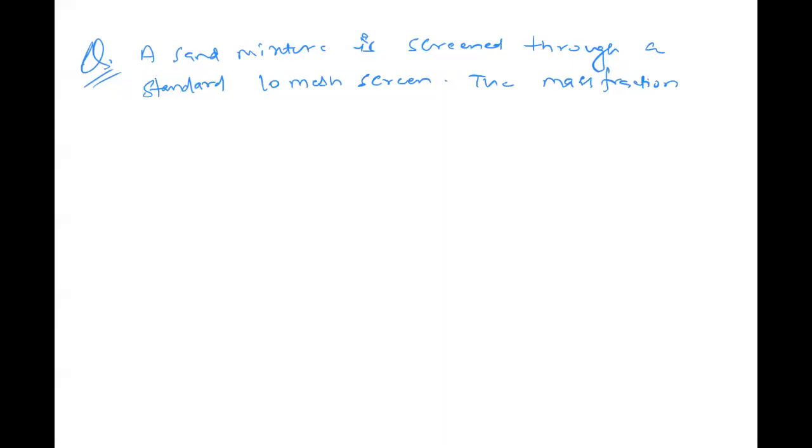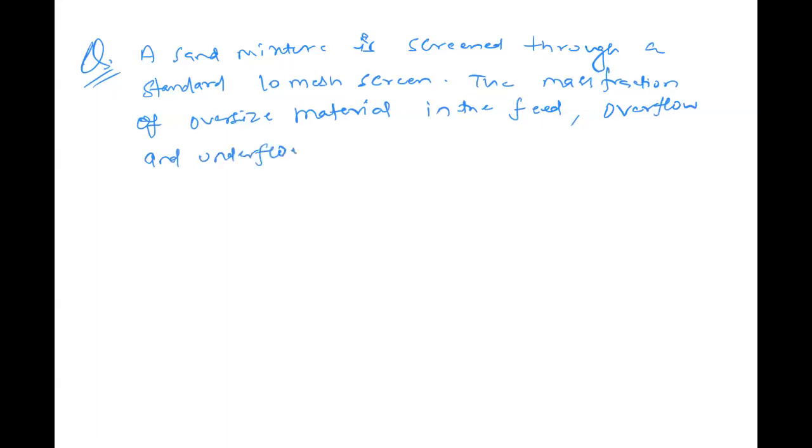The mass fractions of the oversize material in the feed, overflow and underflow were found to be 0.38, 0.79 and 0.22 respectively.